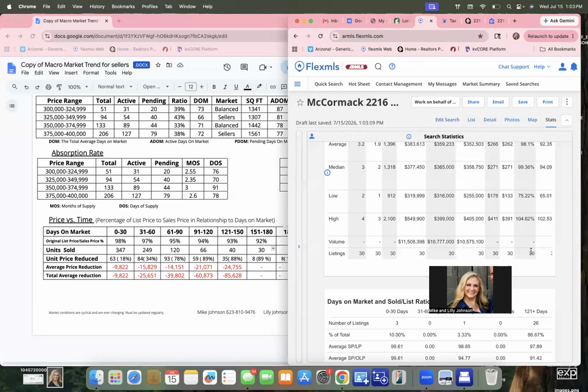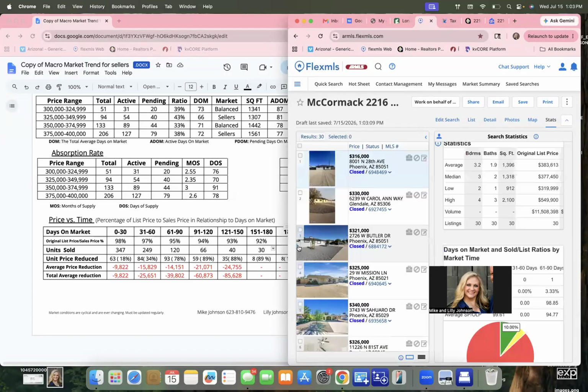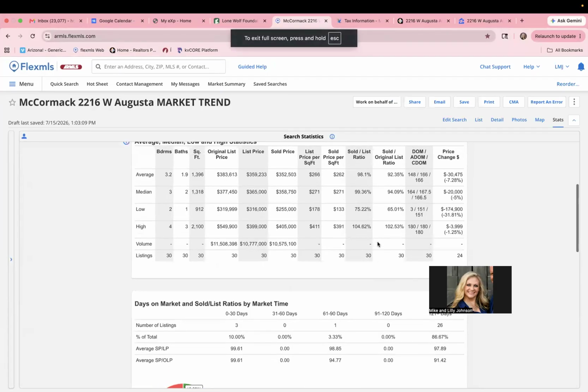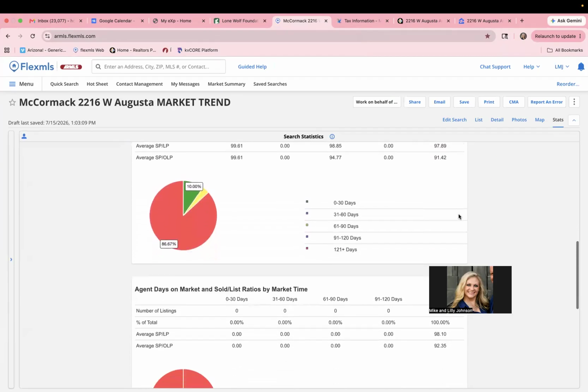Where am I at? 30. Yep. Make you big. 24 right here. 24 of them had a price reduction that averaged 30,475. Oh, I think my earphones are dying.